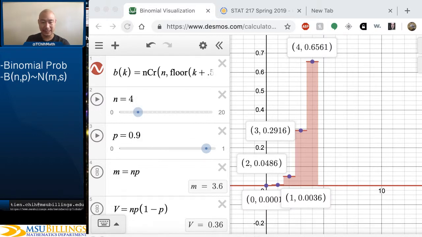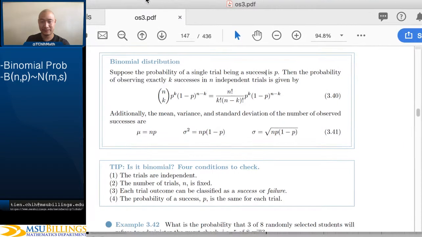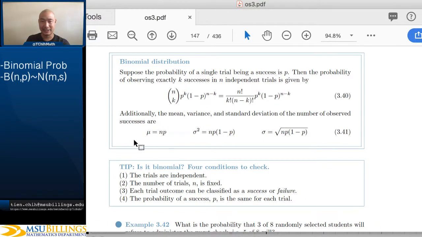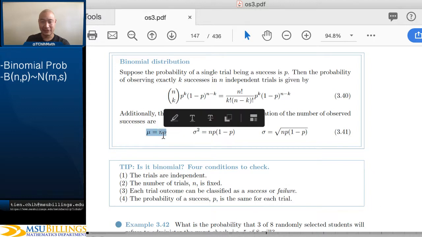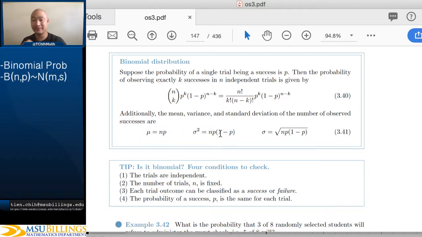So I'm going to go ahead and pull back up this box here. And we have here the average value, or the expected value, is np. The variance is np(1 minus p). And the standard deviation is the square root of np(1 minus p). Now, these latter two, I'm not going to go into a lot of detail on. There's a good reason for why this is the variance and standard deviation, but it's a little esoteric.